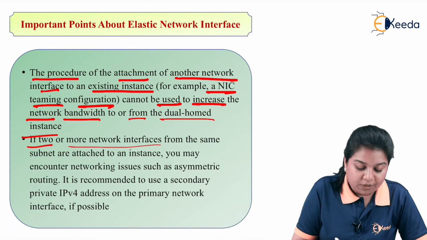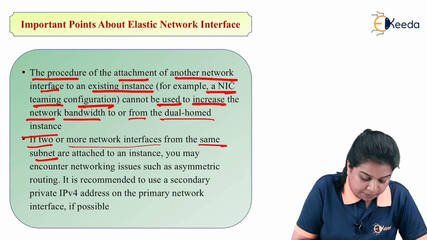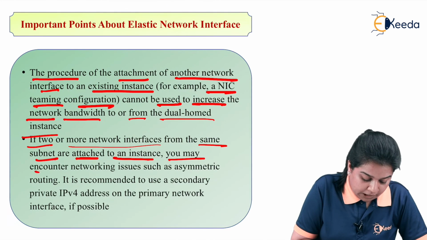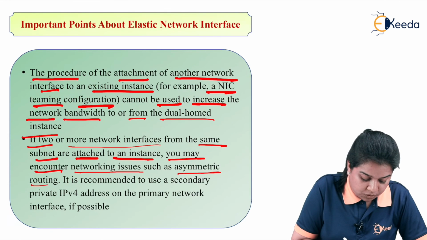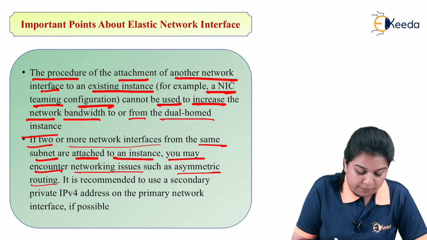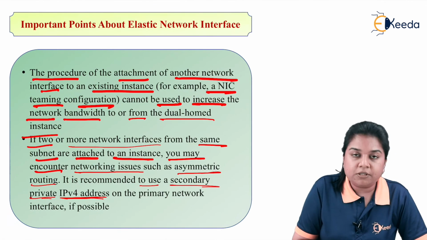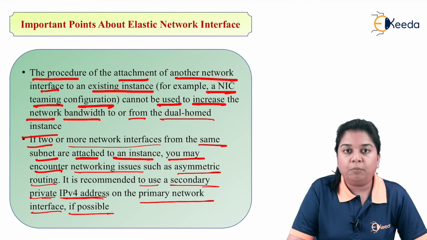If two or more network interfaces from the same subnet are attached to an instance, you may encounter networking issues such as asymmetric routing. It is recommended to use a secondary private IPv4 address on the primary network interface if possible.